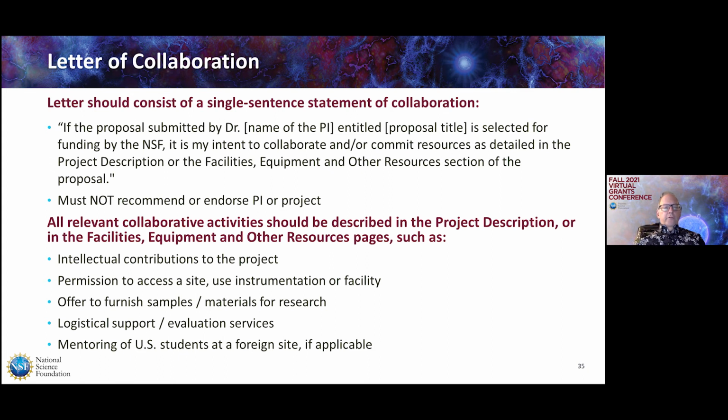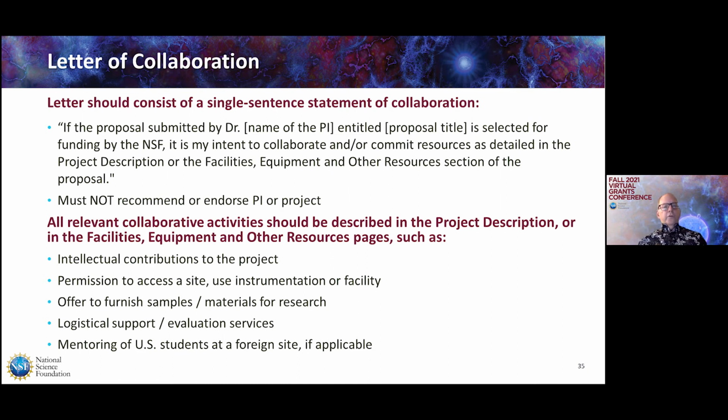Notice that there is a case, for example, where an organization may be required to provide some resources. So, for example, I'm an astronomer by training. If someone is building a spectrograph and it needs to be put on a telescope at Kitt Peak National Observatory, for example, the organization needs to provide, in some cases, in this case, probably, a letter on behalf of the organization stating whether or not the person providing the spectrograph is allowed to put that spectrograph on the telescope.